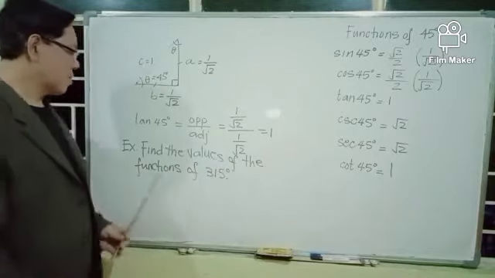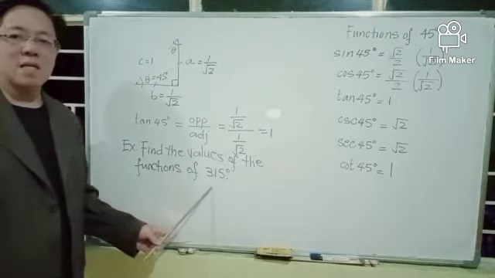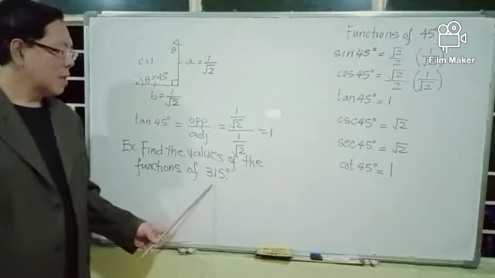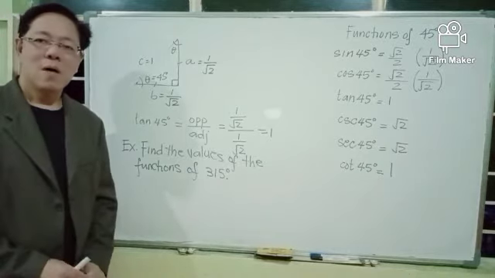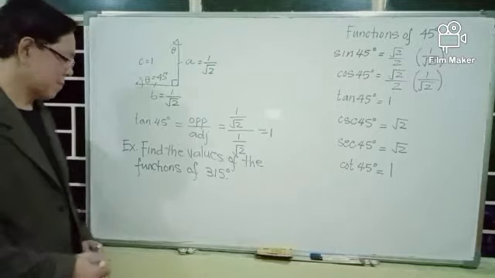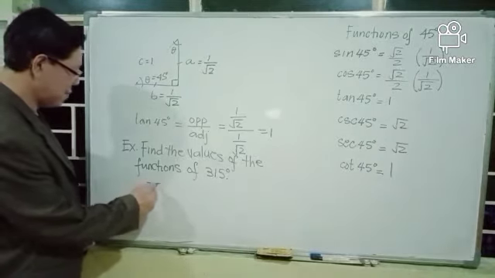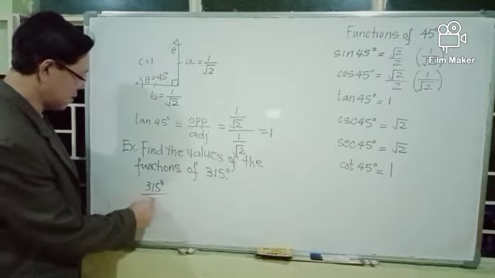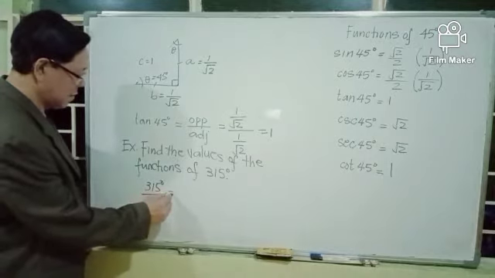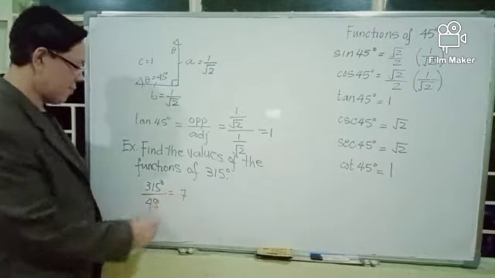Take an example, find the values of the functions of 315 degrees. 315 degrees is divisible by 45 degrees. If you divide 315 degrees by 45 degrees, you will get 7.